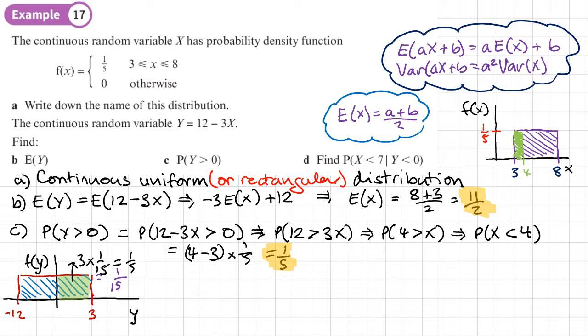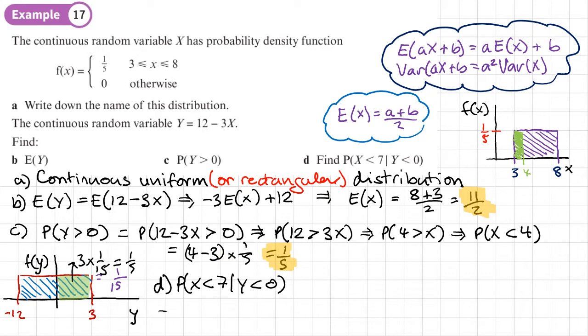probability which is conditional. So the probability that x is less than 7, given that x, or y, sorry, is less than 0, y is less than 0. Now to do this question, these need to be written using the same letter, the same distribution. So we need to change that y to 12 minus 3x.